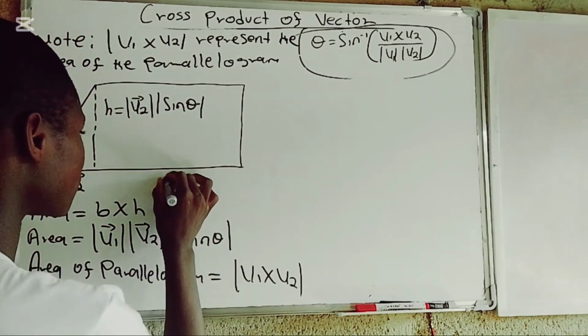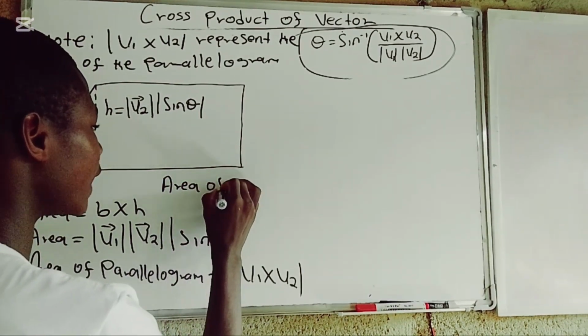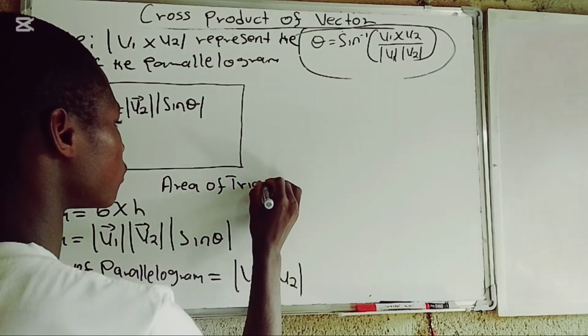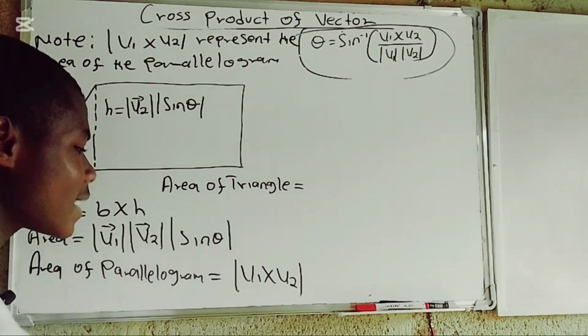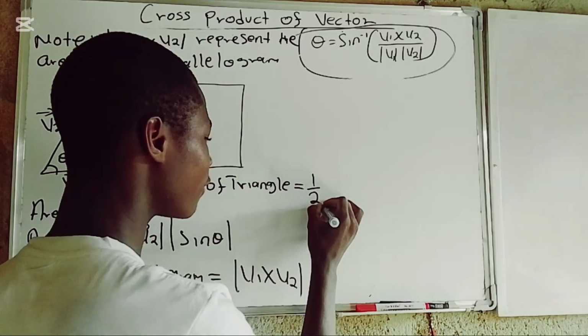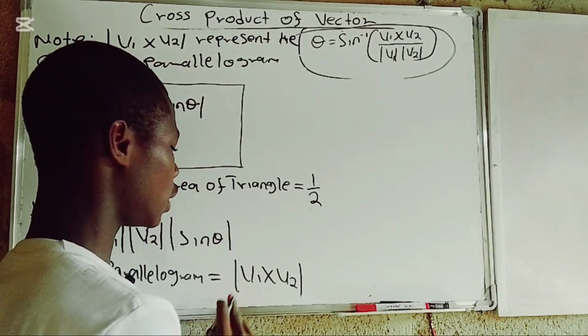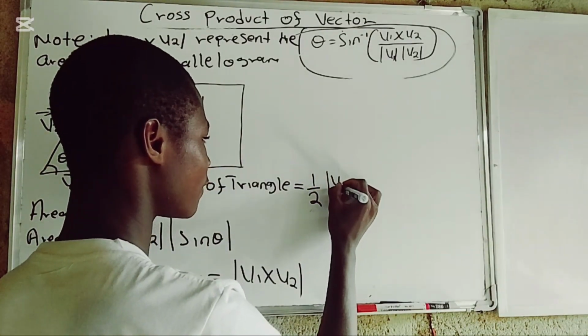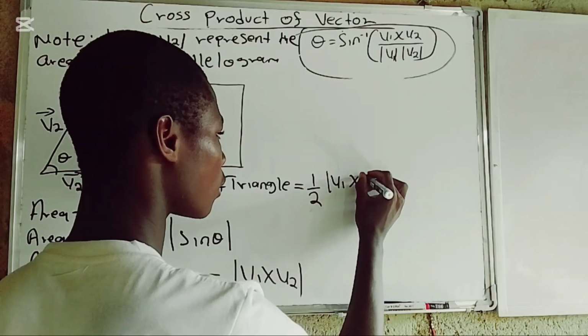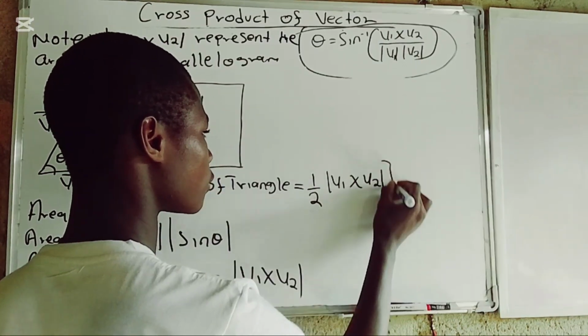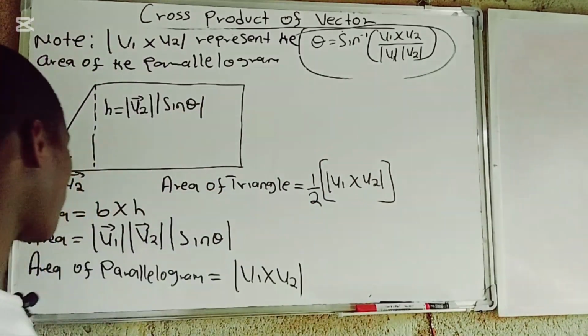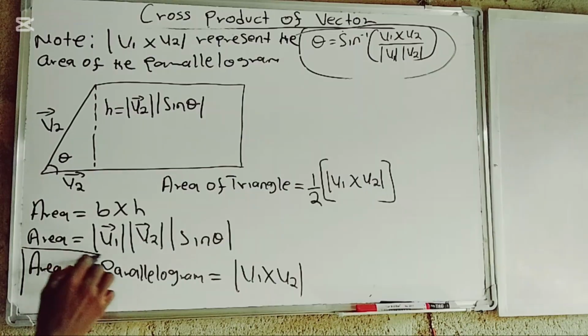The area of a triangle is half of the area of the parallelogram, which is half of the magnitude of V1 cross V2. So you have to take note of these formulas.